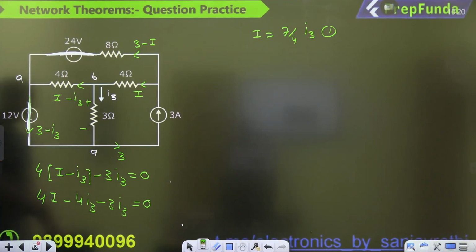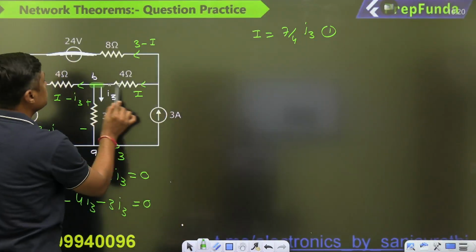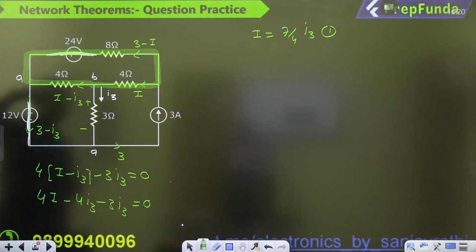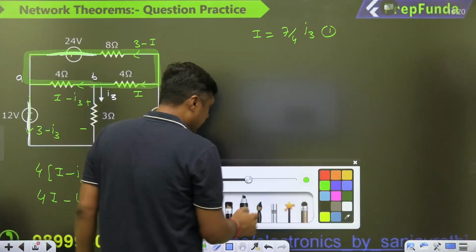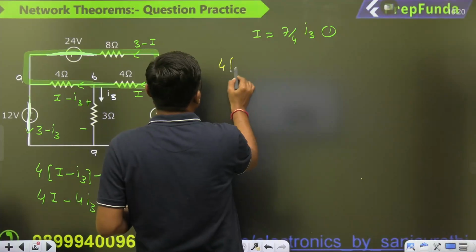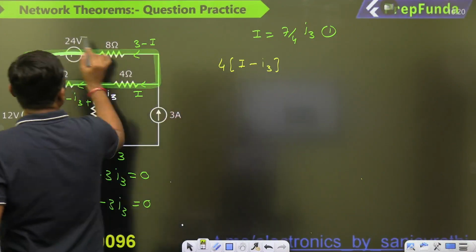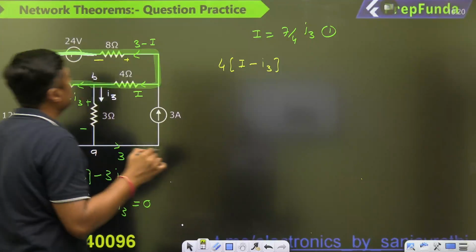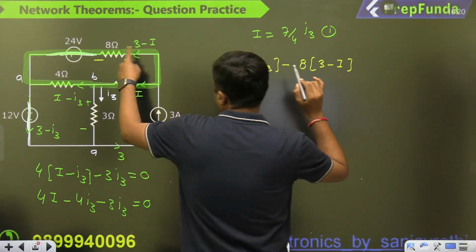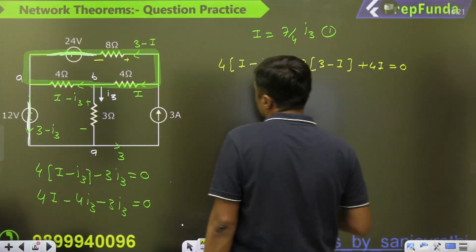Now the second KVL you can write in this loop, in a clockwise direction or anti-clockwise direction, it's up to you. Now this will become 4 times of I minus I3. This is the plus, this is minus, and that's why it will become negative 8 times of 3 minus I, and then 4 times of I is equal to 0.